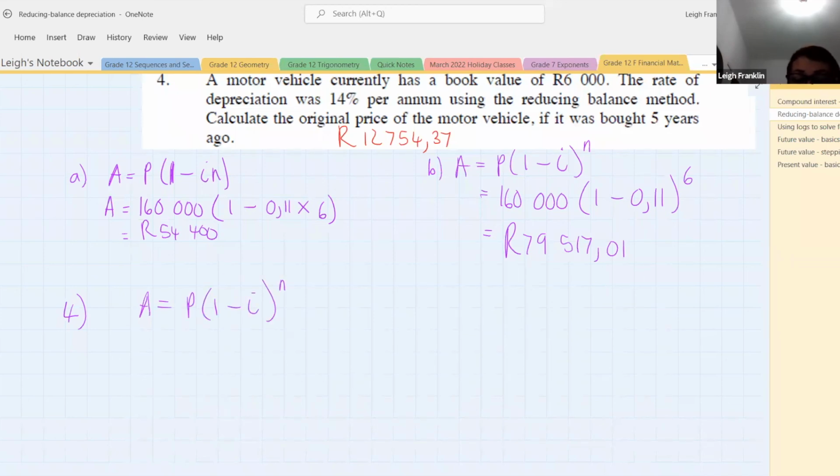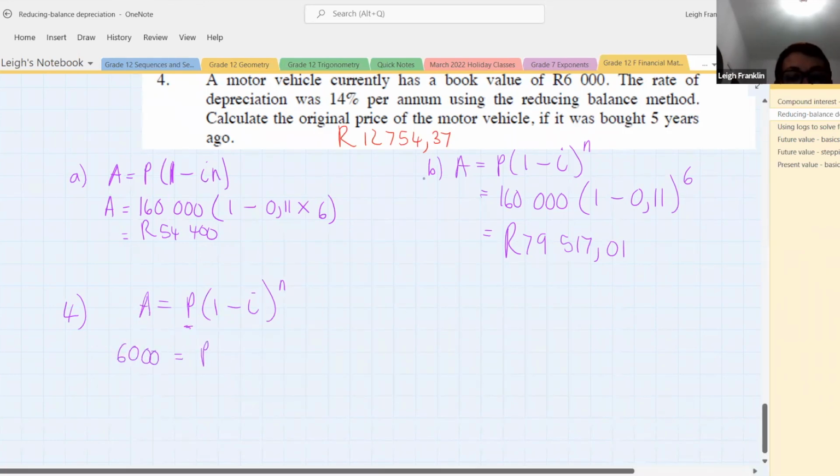You must learn that, okay, that is the formula for the reducing balance method. Interest rate is 14%, raised to the power of 5.